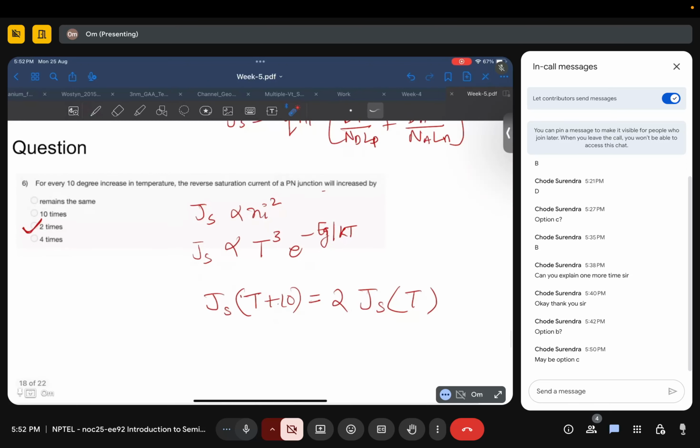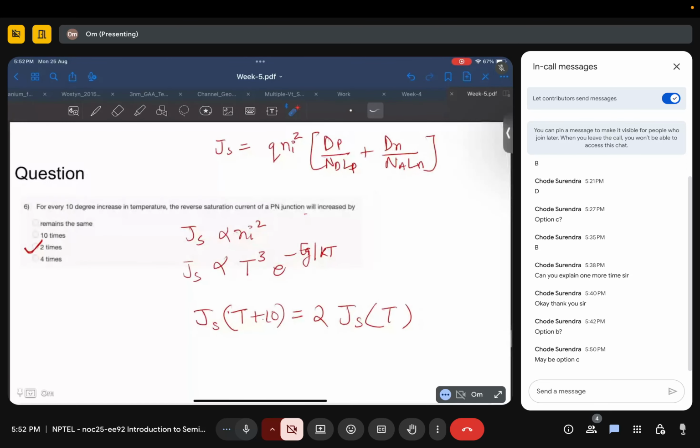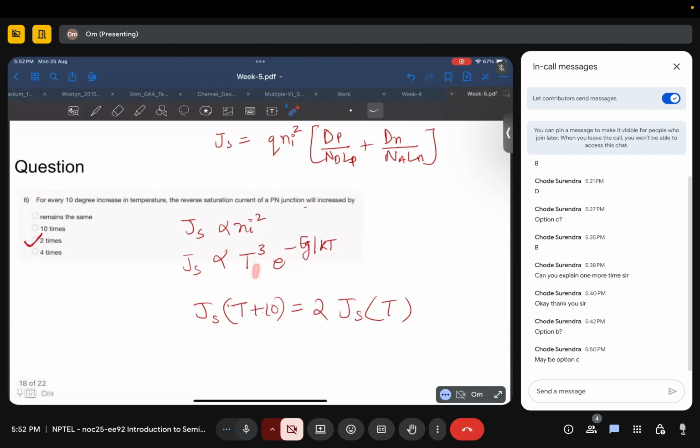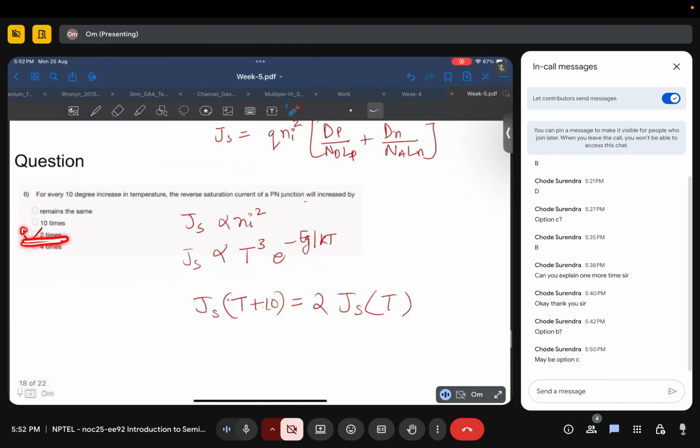So option C is correct, 2 times. This you can solve also by assuming T1 and T1 plus 10 here, and then taking the ratio of JS1 and JS2, then you should arrive at a similar conclusion.